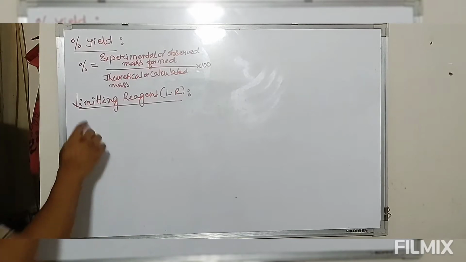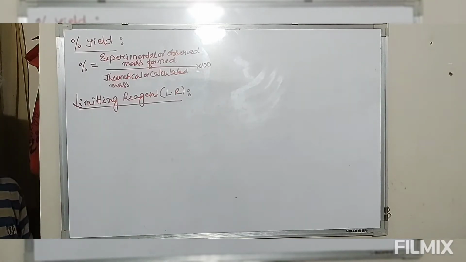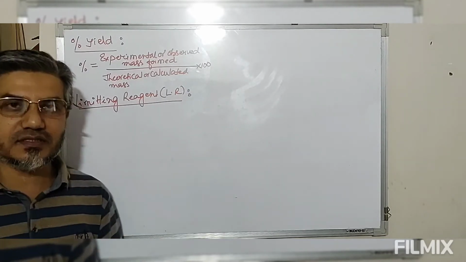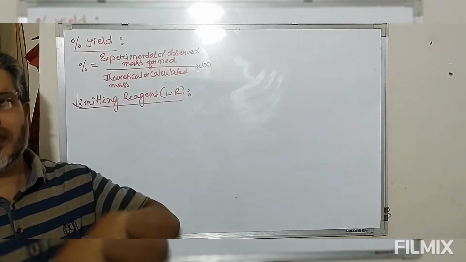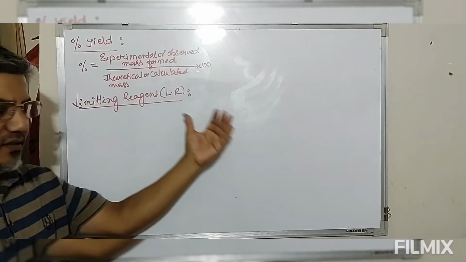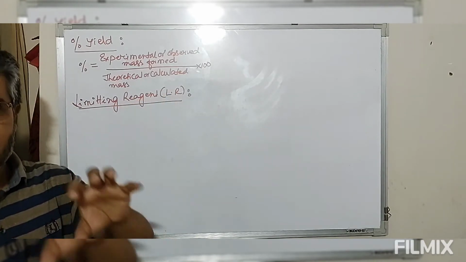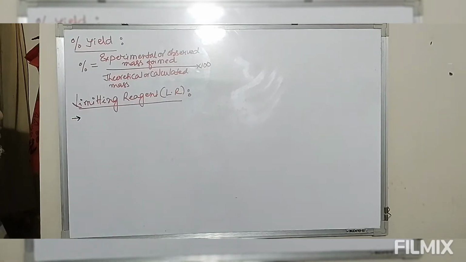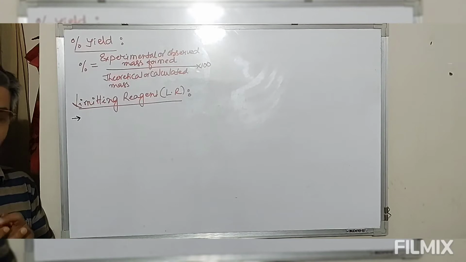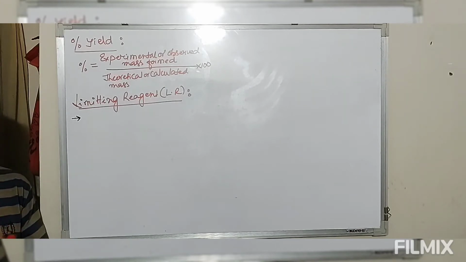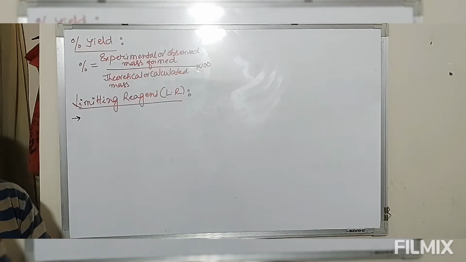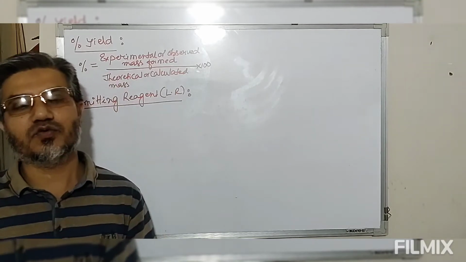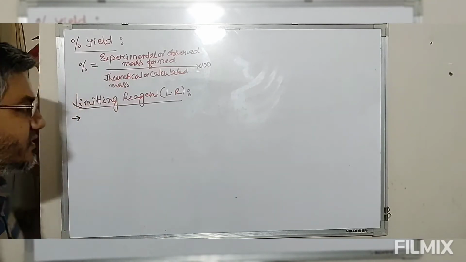Now for the term limiting reagent, there are different definitions given in different books, or different authors use different definitions, but ultimately the final conclusion remains the same. Whether we have one form or another form, the final result will always be the same. One definition of the limiting reagent is the reagent which is 100% consumed in a given chemical reaction. Any reagent which is totally consumed is the one which is present in lesser quantity. That is known as the limiting reagent.